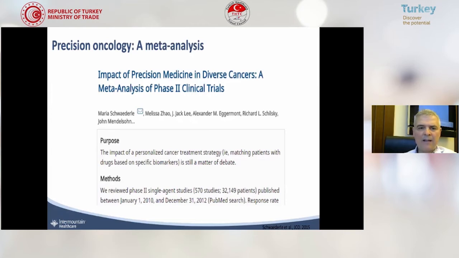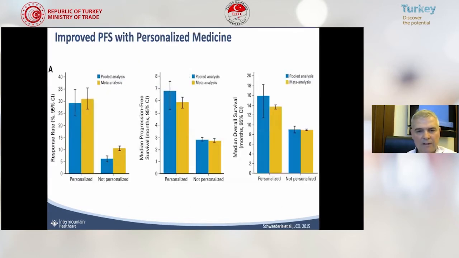So if we broaden our ideas, for example, if we want to understand how all this precision medicine works, we have to analyze meta-analyses. If you look at this paper from Maria Schwarterle, this is a phase 2 clinical trial.